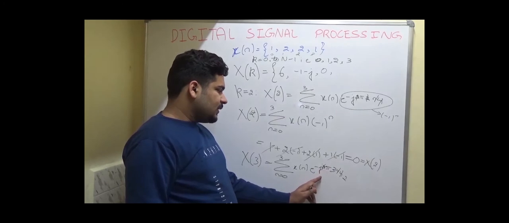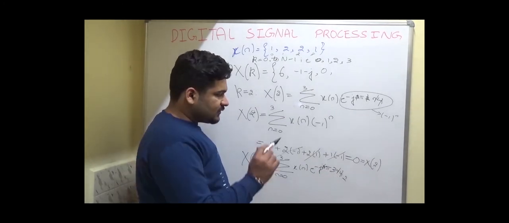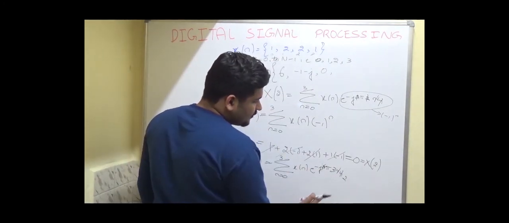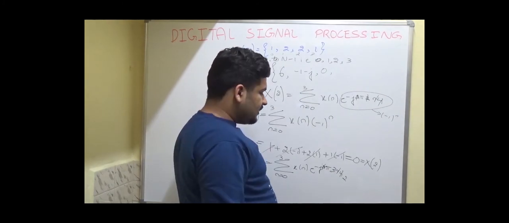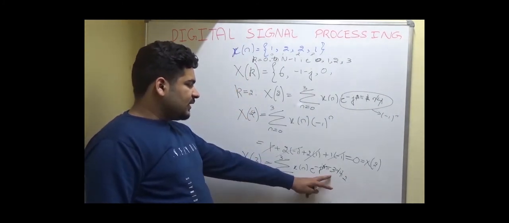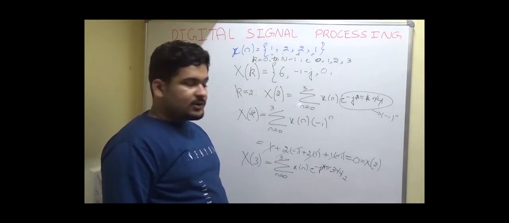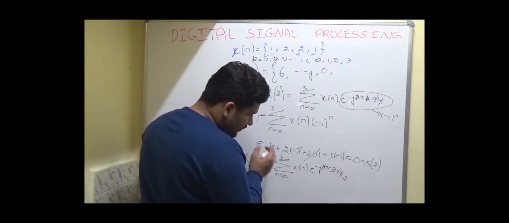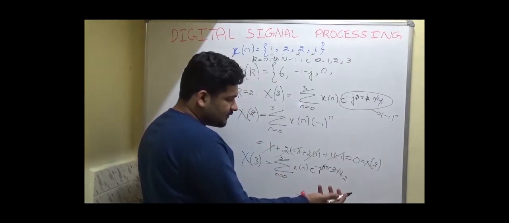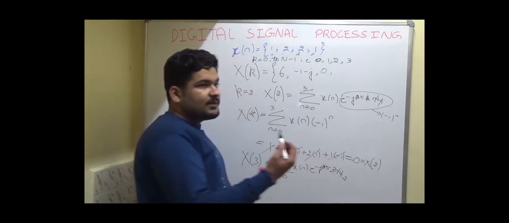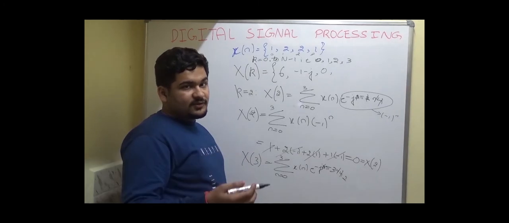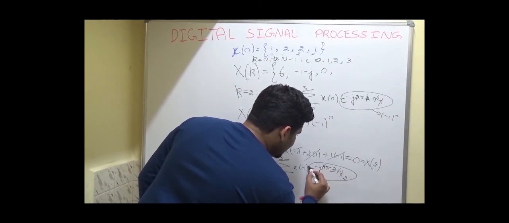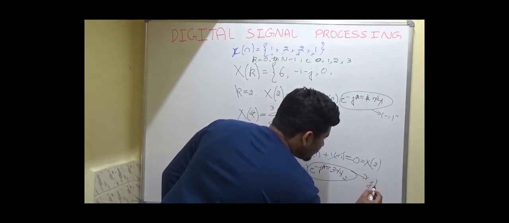Here I am just making a minor simplification because it reduces the complexities in the further process. Now when I substitute this in the Euler's formula, for n equal to 1, I will be getting the value as j. Okay, how do I get j? It is very simple. Cos term remains 0, and when I expand it, it would be minus j sine 3 pi by 2. Sine 3 pi by 2 is minus 1. Minus 1 into minus j is plus j. So this entire term would represent j raised to the power n.